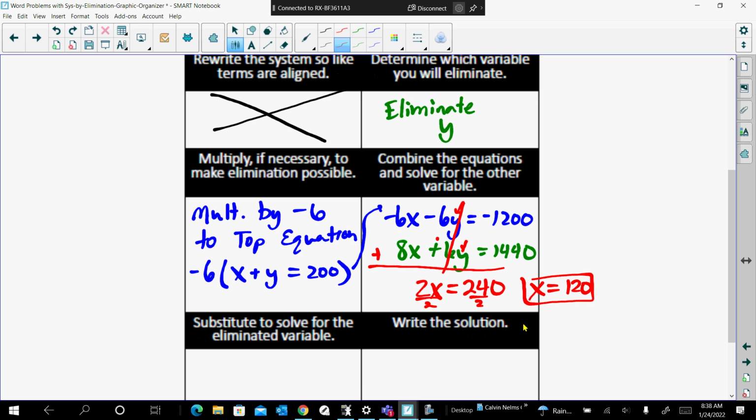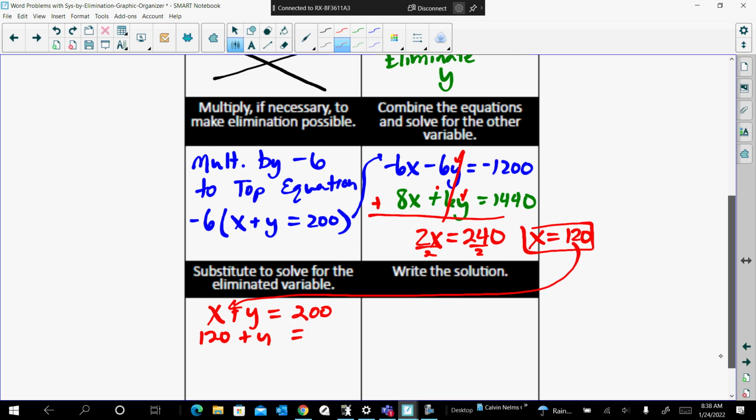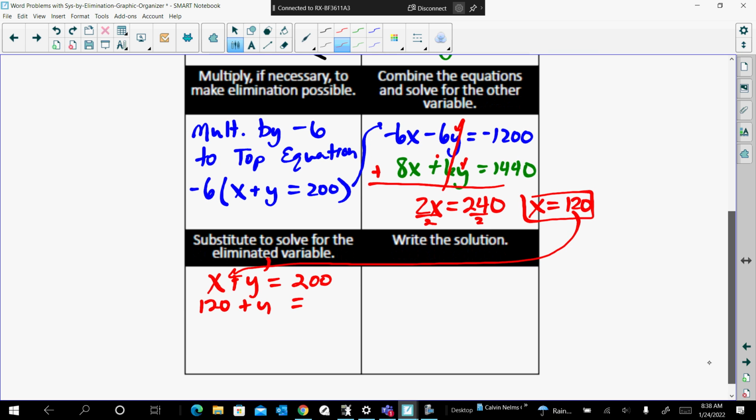All right, so it says here we're going to substitute and solve for the eliminated variable. Because I had x plus y equals 200, I'm going to substitute this in for x. So 120 plus y equals 200, right? So how many child tickets, y, do we have? Because we're going to have to just subtract 120.